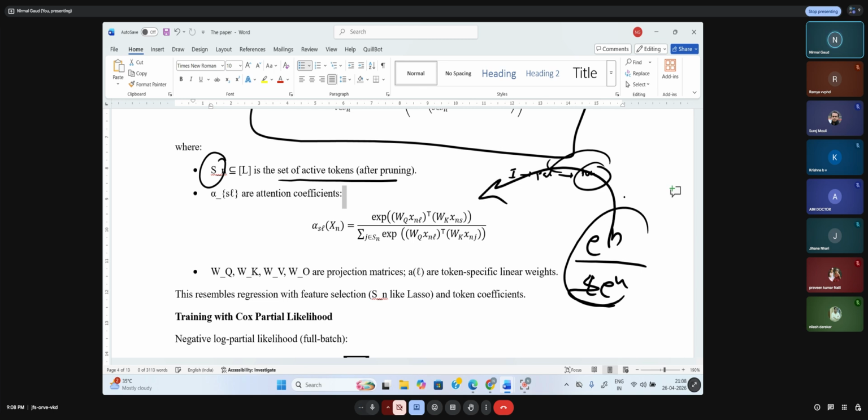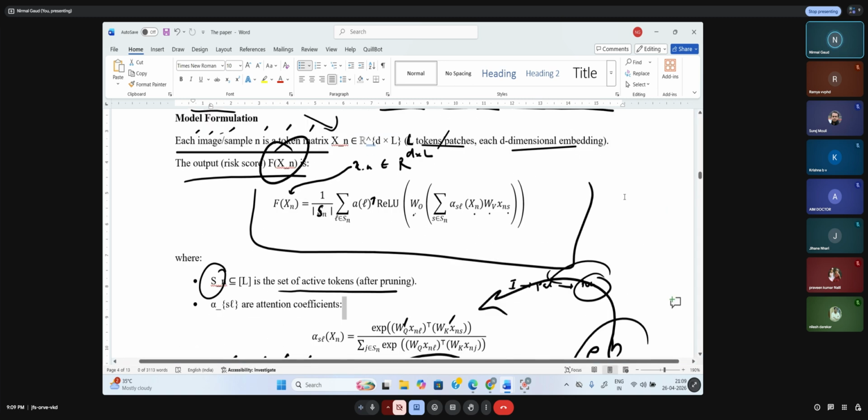Same thing is happening here. But what they are writing is e to the power WQ x transpose WK xns. That means query and key. Where WQ, WK, WV, W are the projection matrices, and AL are token specific linear weights.